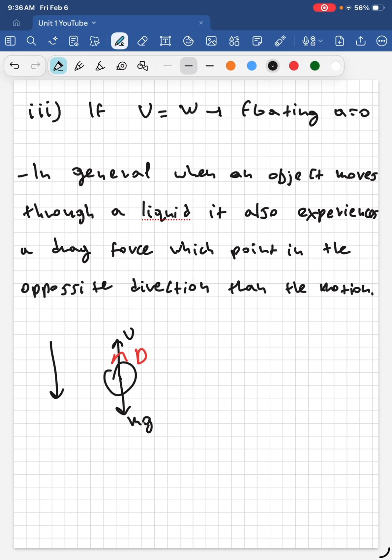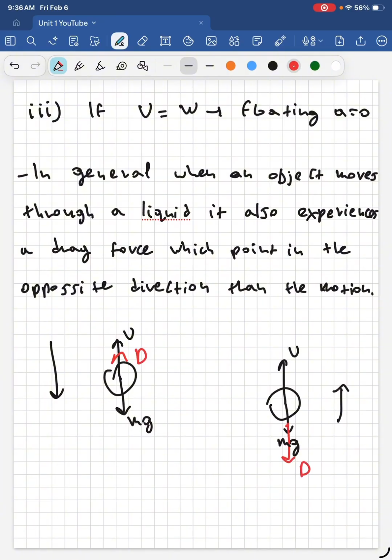Now, if we have an object rising into air, for example, then it will experience its weight, as always. There will be an upthrust, but the drag force is now down, because it's moving up.